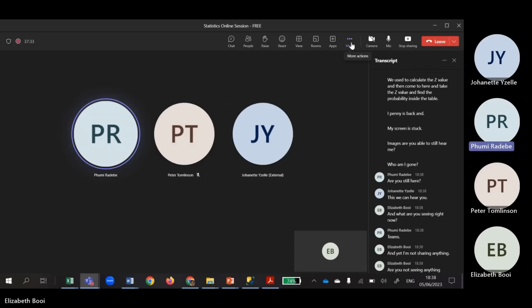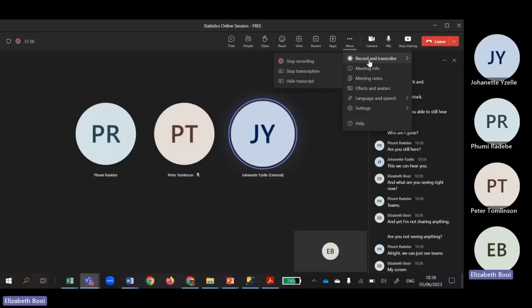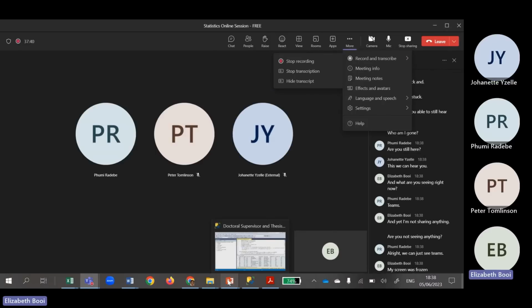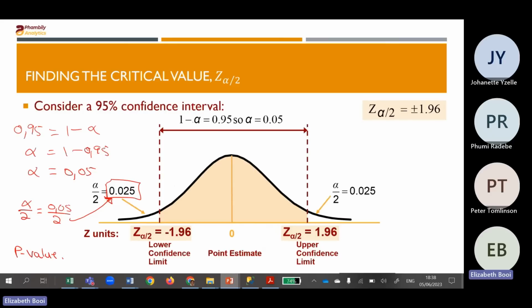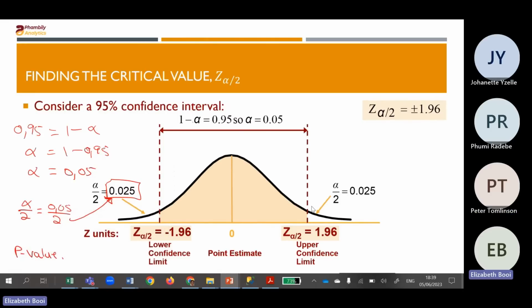Correct, we can just see Teams. My screen was frozen. Now you see the presentation, right? Correct. I can see it. Okay, cool.